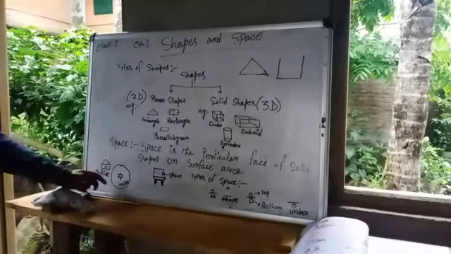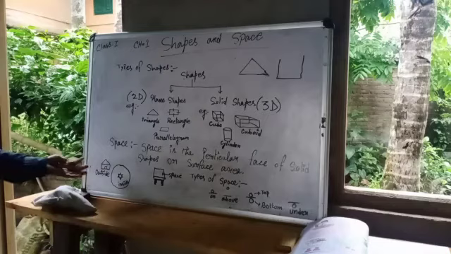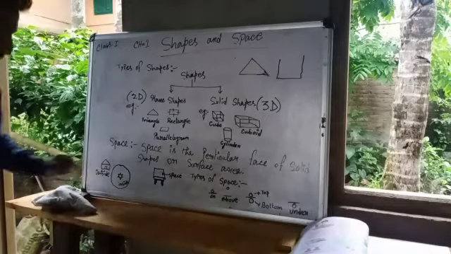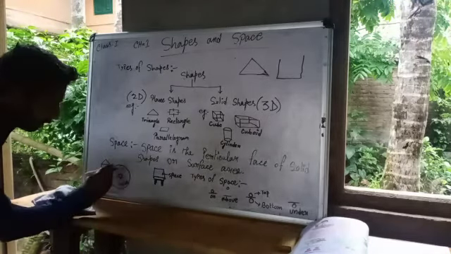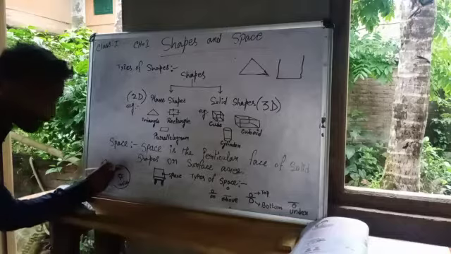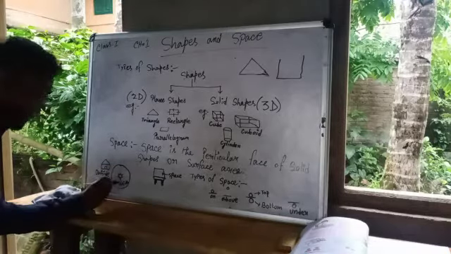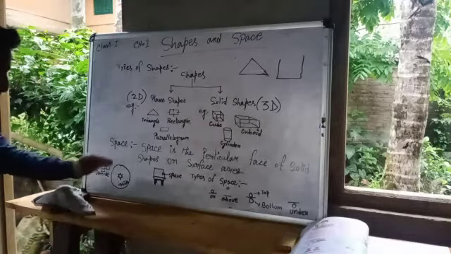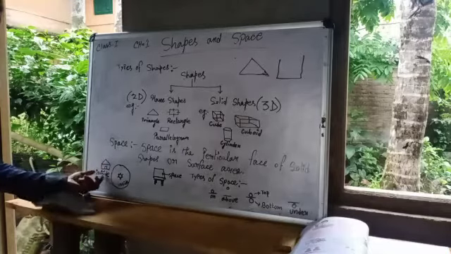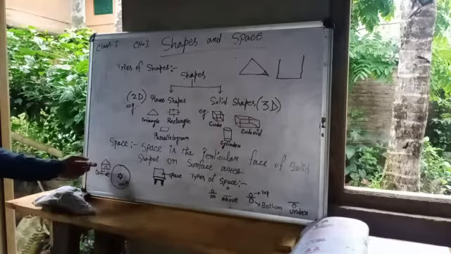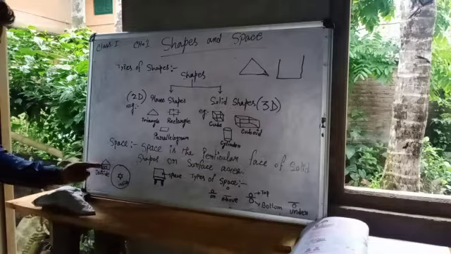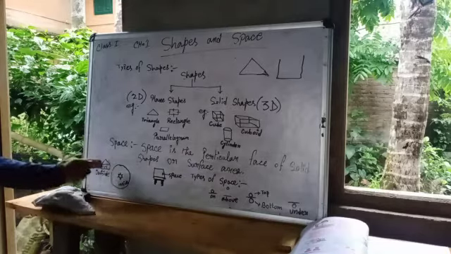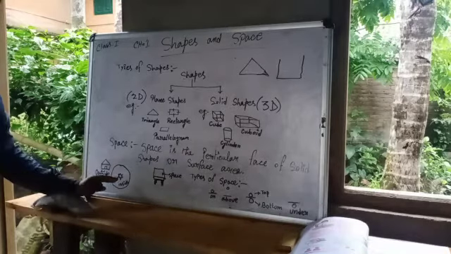Here we should learn inside and outside. If it is inside the circle, that is called inside. If it is out of the circle, that is called outside. So the house is outside of the circle and the star is inside of the circle.